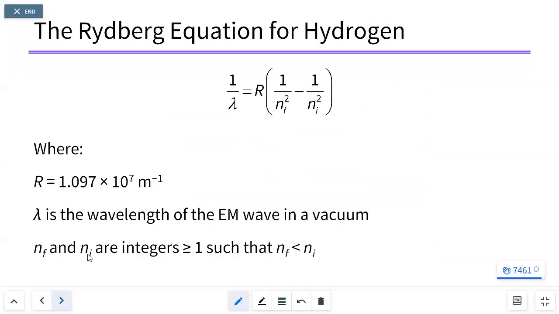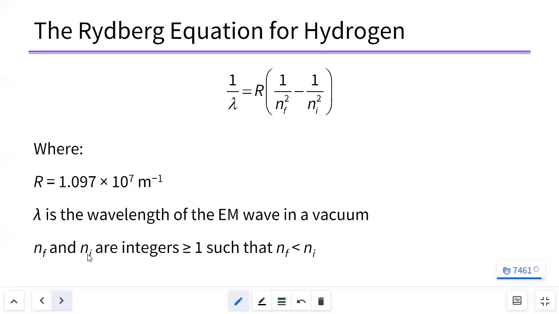But we can quantify any transition that occurs using this equation. This is called the Rydberg equation. The Rydberg equation equates wavelength as 1 over lambda related to R. R is what's called the Rydberg constant, 1.097 times 10 to the 7th reciprocal meters.